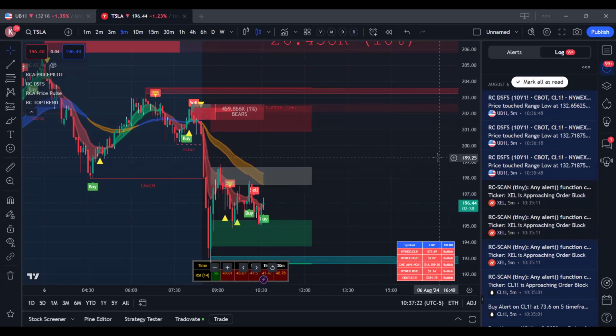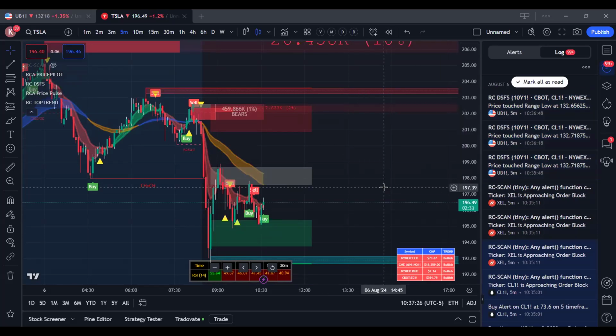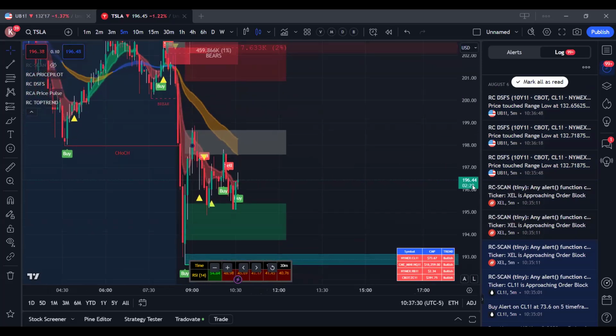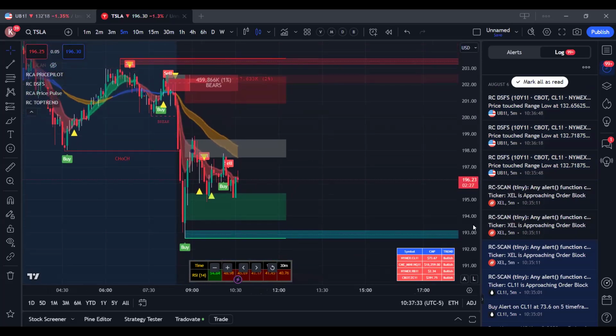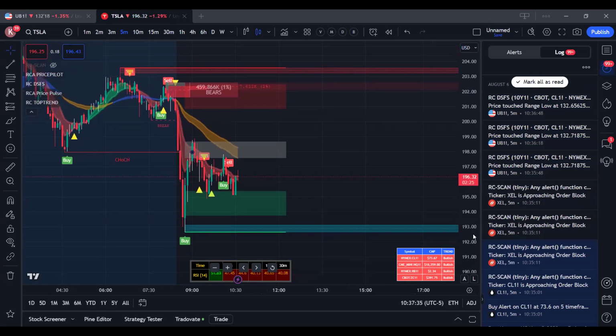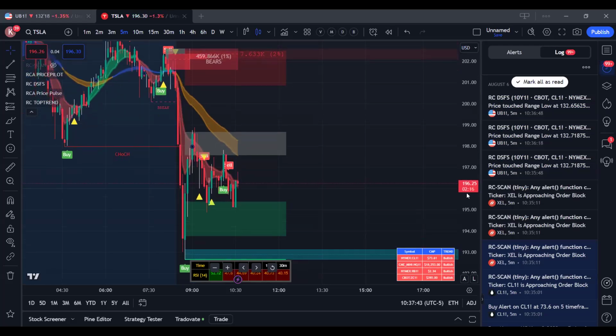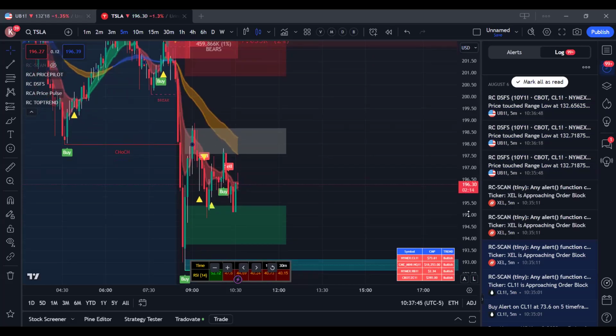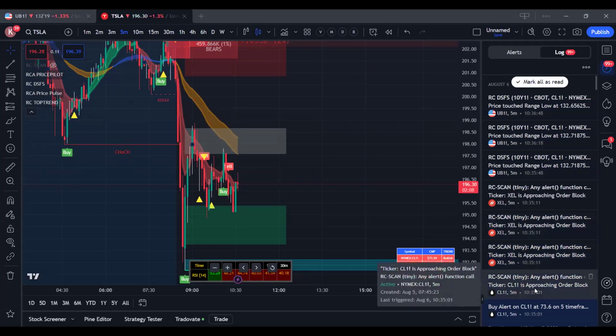Yeah, UB also we should have held for some more time. Sterling CL is approaching order block.